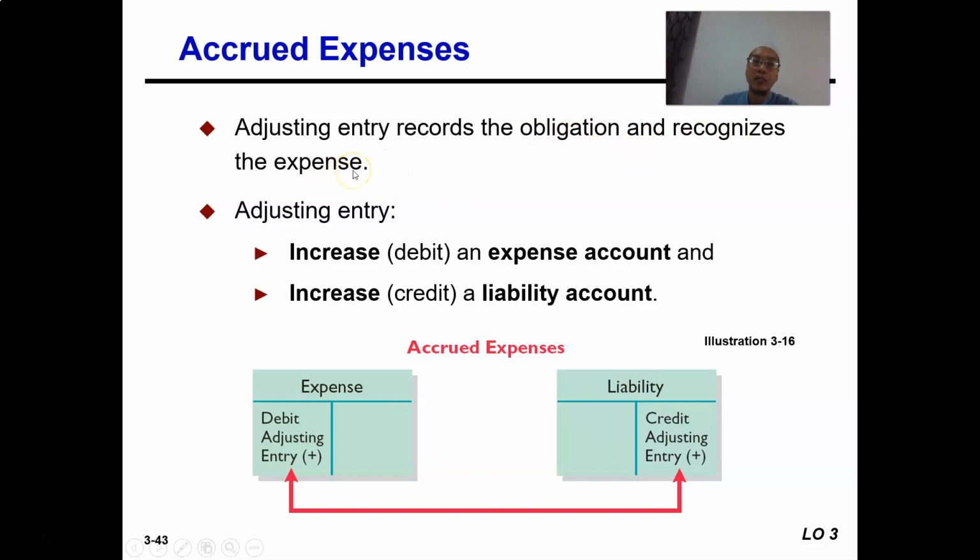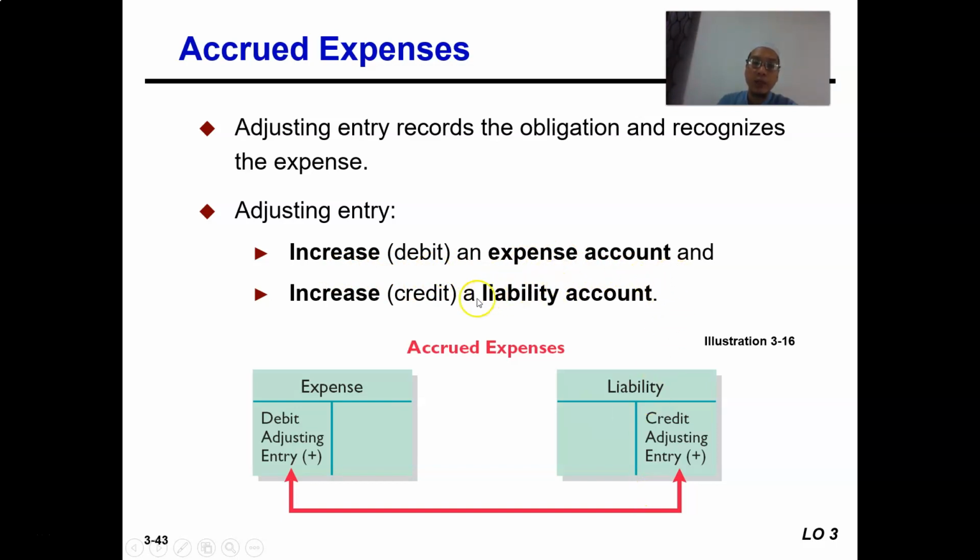Therefore, we need to do the adjustment. The adjustment will be an increase in the expense account, because we want to recognize the expense that we have incurred. Therefore, we need to increase the expense account by debiting the expense account.